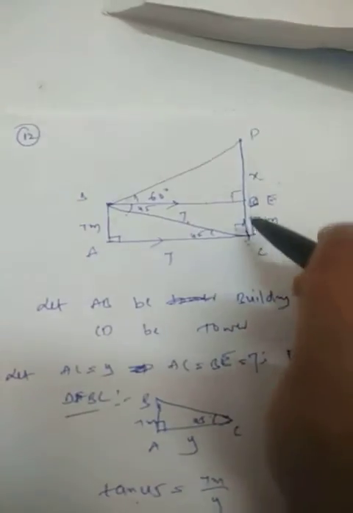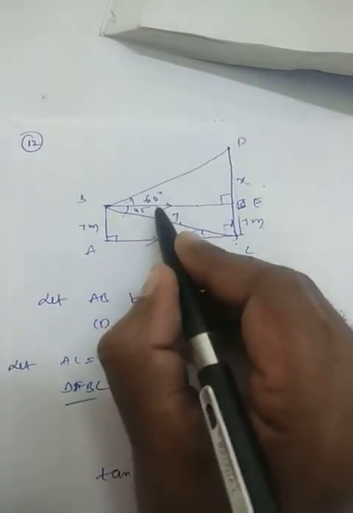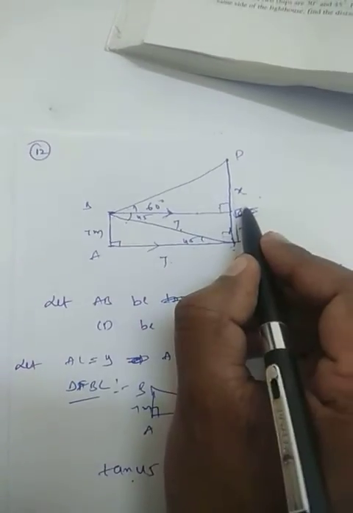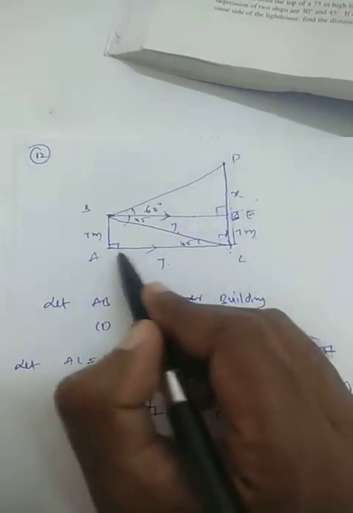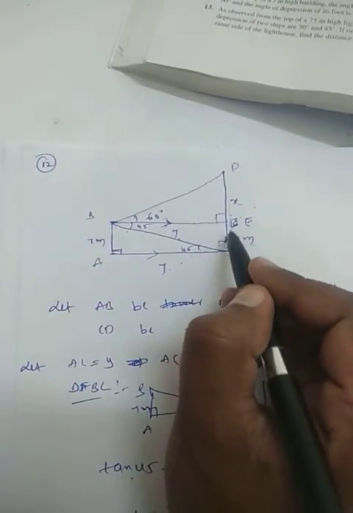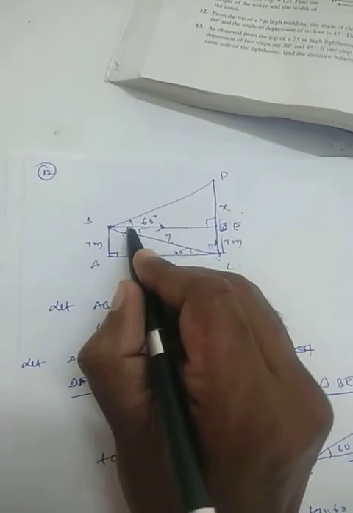So once again I am telling you. Obviously these two are perpendiculars. Here a line is drawn, that means what we call a straight horizontal line drawn from the eye, and these two lines are parallel to each other. So if this is 90, obviously this is the transversal, this is also going to be 90, and this is the angle of depression.